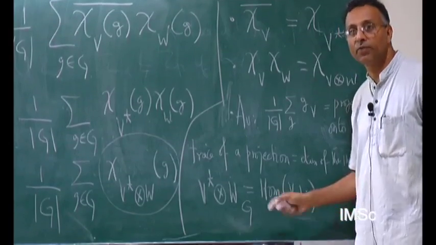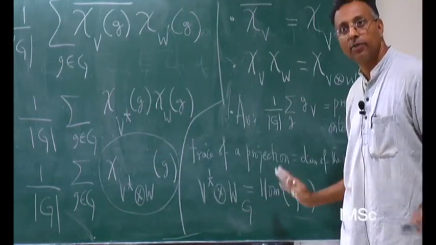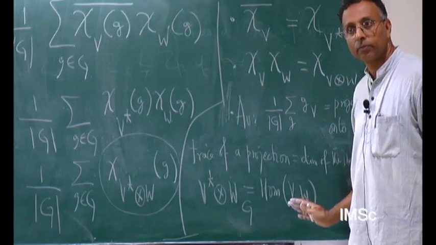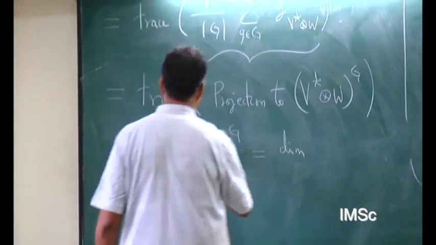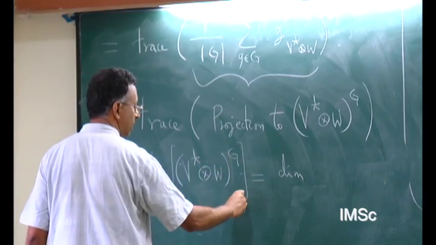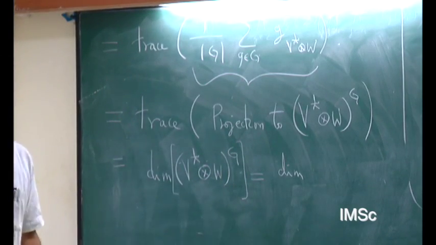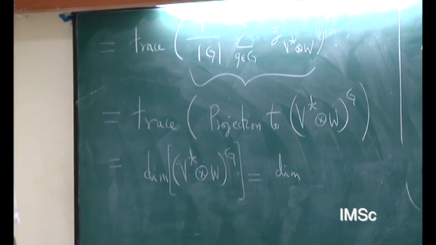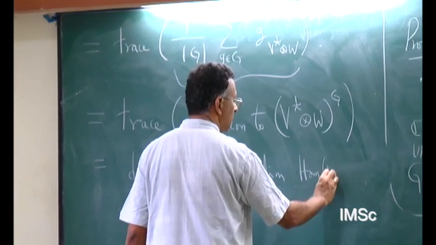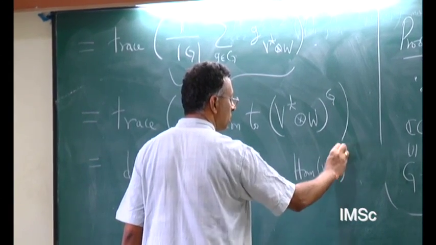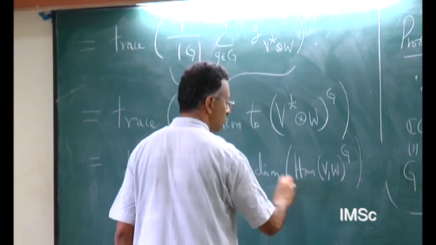Of course, assuming V is finite dimensional, but here everything is finite dimensional. Right? Okay, so you can write this. This is the dimension of Hom(V, W) invariant under G, right?